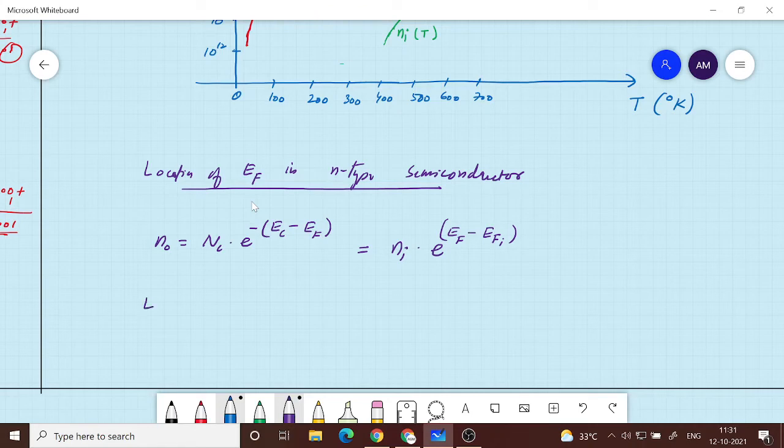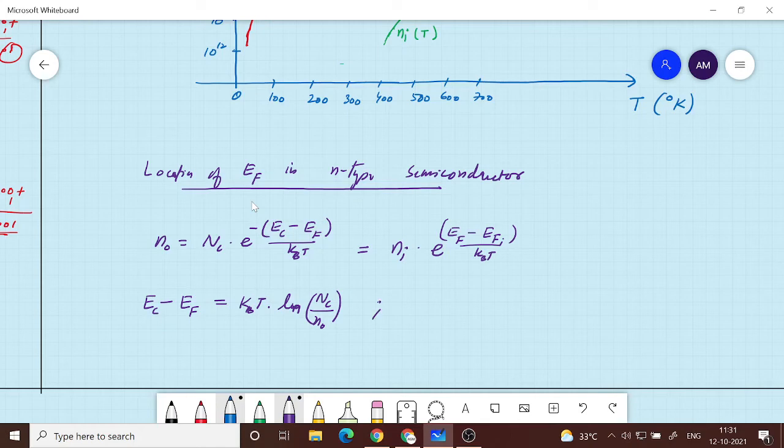Any of these expressions you can invert. For example, if I use the first expression, then with respect to EC, how far below EC is my EF? I can find it out. There is a kT here, kBT, and I can write it as kBT times ln, the natural logarithm, of Nc by N0. This is one way I can specify the location of the Fermi level.